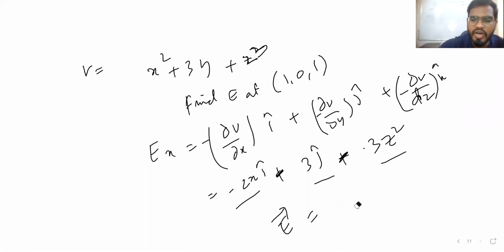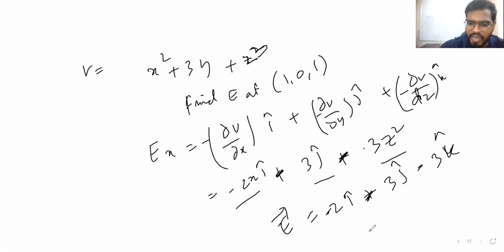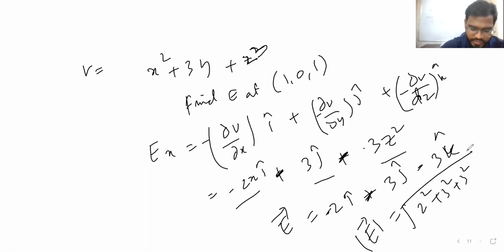There is no y term, so minus 3 j cap. And minus 3z square with 1 put in is minus 3 k cap. Now mod of E, if you find, it is the square root of 2 square plus 3 square plus 3 square. Whatever the answer comes, you guys can find. So by this way we can do this, E is equal to minus of delta V by delta R. Till here you guys revise. We'll see in the next class.